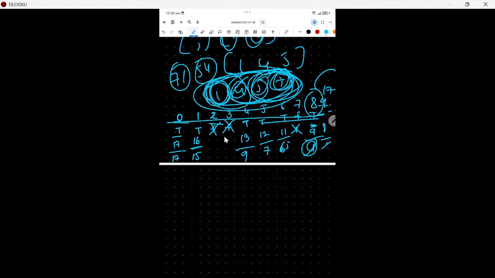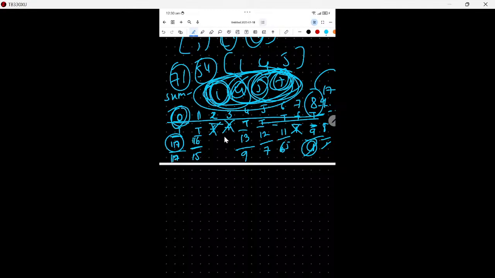You check whether each is true or false using the DP table. Let's say one subset sum is 0. What is the other subset? Sum minus this one gives 17. Then 17 minus 0 is the other subset sum. We need the difference, which is 17.